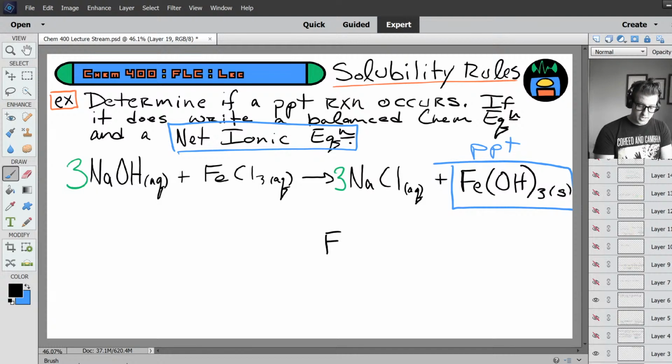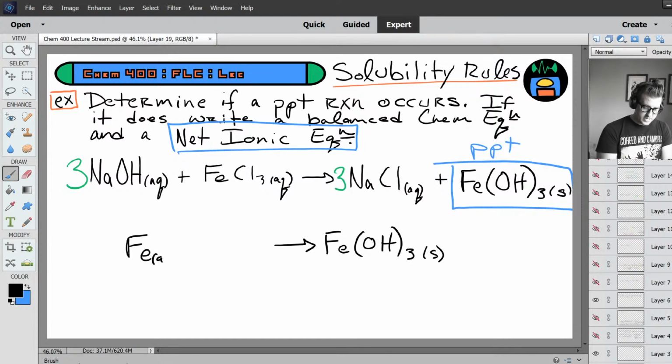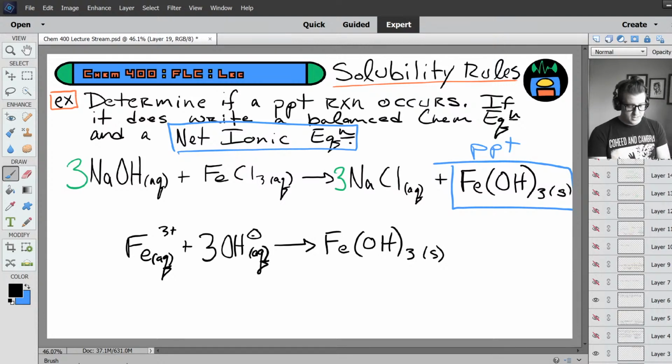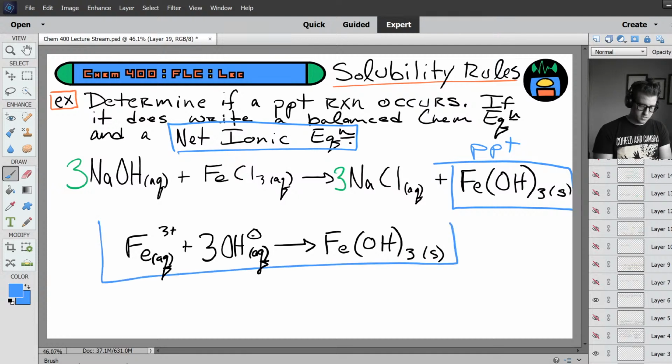So the sole product of the net ionic equation will be iron 3 hydroxide in the solid phase. All right, and the reactants will be 1 aqueous iron 3 cation plus 3 aqueous hydroxide anions. All right, that is the net ionic equation for this precipitation reaction.